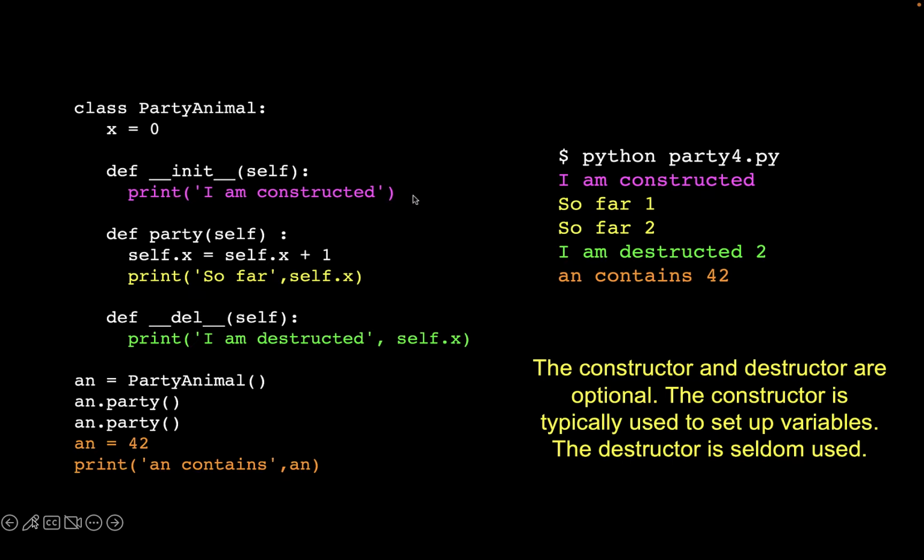So we're not going to decorate this. Instead, because we are exploring the life cycle, we've created two dunder methods that we've added. We already had party, right? We've added dunder init, and we're also adding a dunder del for delete.